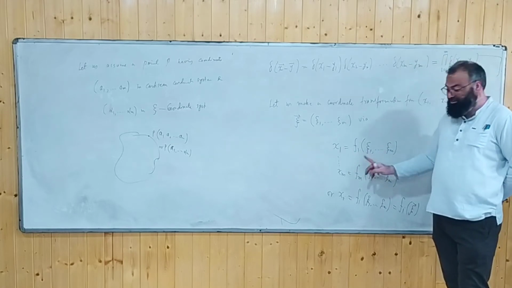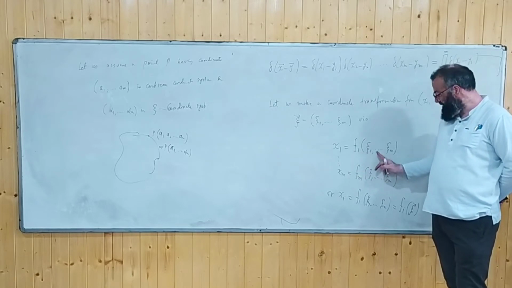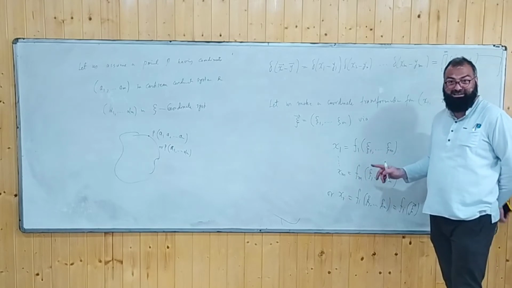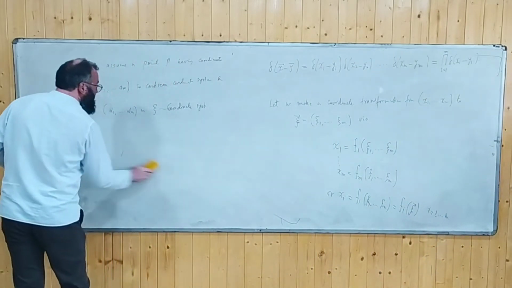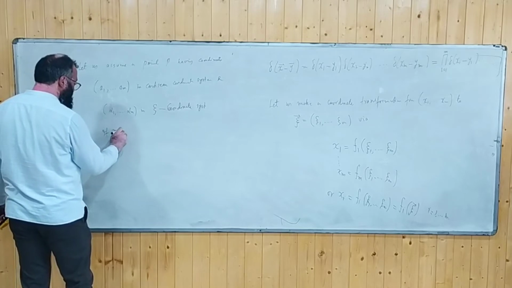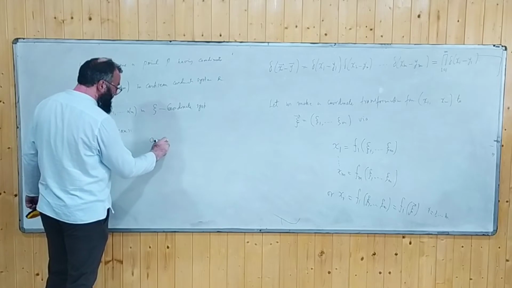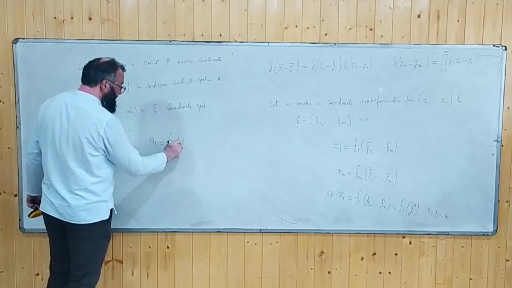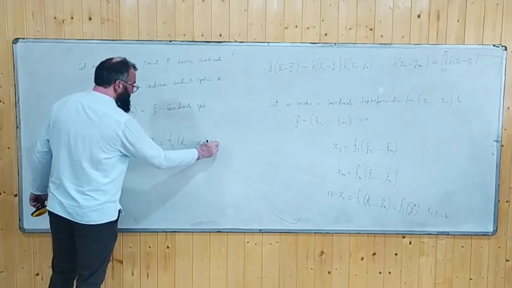So a1 will be simply f1 of alpha 1 to alpha m. So in general I can simply write ai is equal to fi of alpha 1 to alpha m. Done.